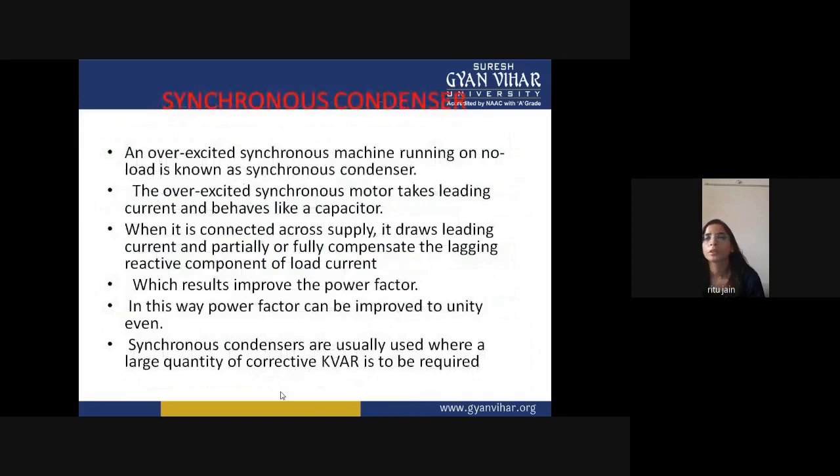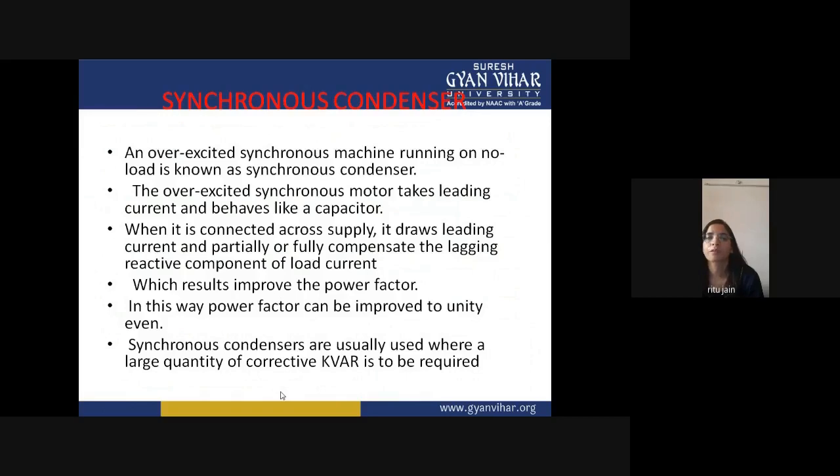Now, what is a synchronous condenser? An overexcited synchronous machine running on no load is known as a synchronous condenser. The overexcited synchronous motor takes leading current and behaves like a capacitor. When it is connected across the supply, it draws leading current and partially or fully compensates the lagging reactive component of load current, which results in improved power factor.